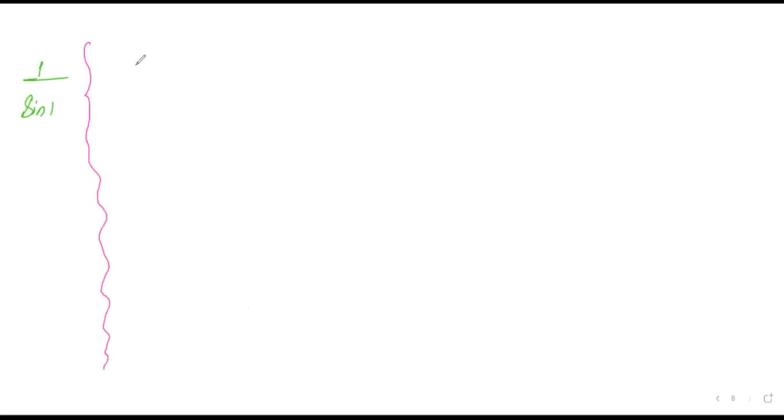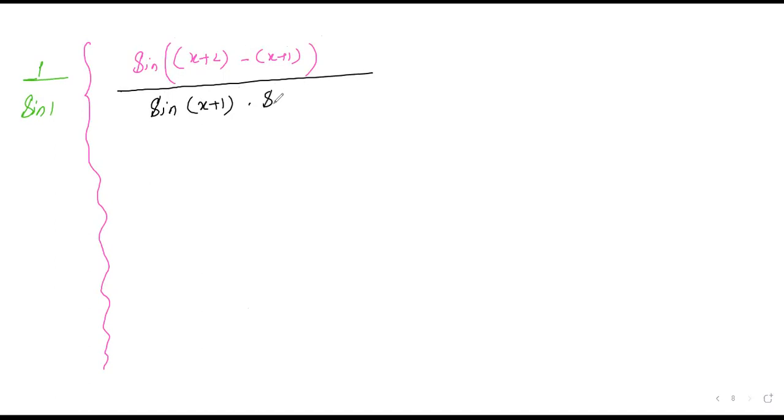So our first term is basically sine of x plus 2 minus x plus 1, and whole divided by sine x plus 1 into sine x plus 2, plus.